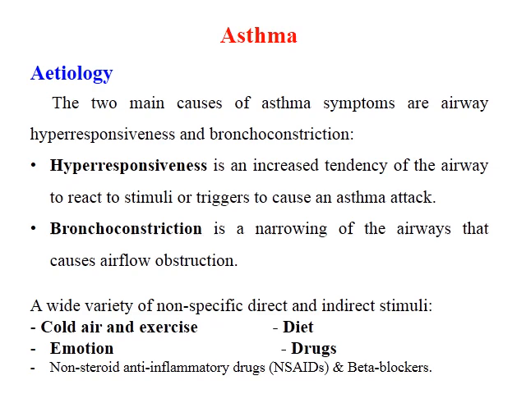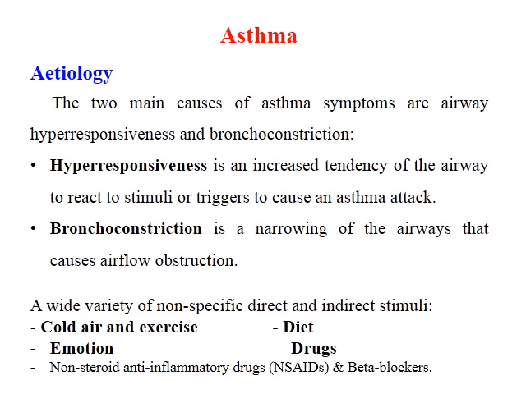Etiology of asthma. Different factors may cause asthma, as I mentioned before, but we can focus on hyper-responsiveness and bronchoconstriction and the other factors that lead to these two. Hyper-responsiveness means an increased tendency of the airways to react to stimuli or triggers to cause an asthmatic attack, while bronchoconstriction means the narrowing of the airways that causes airflow obstruction.